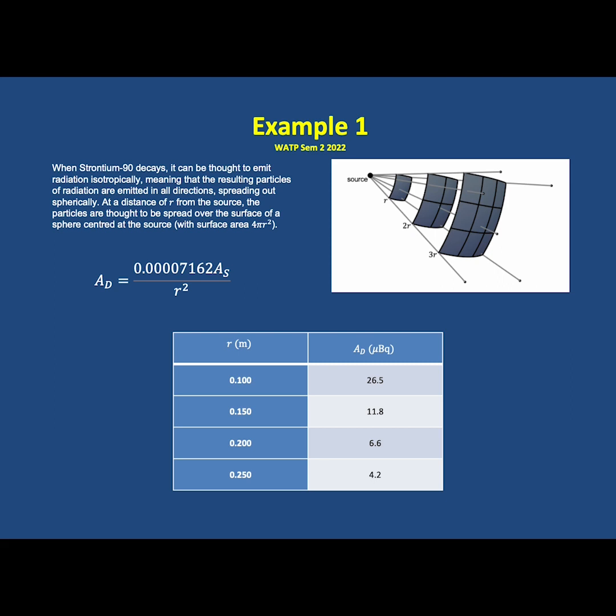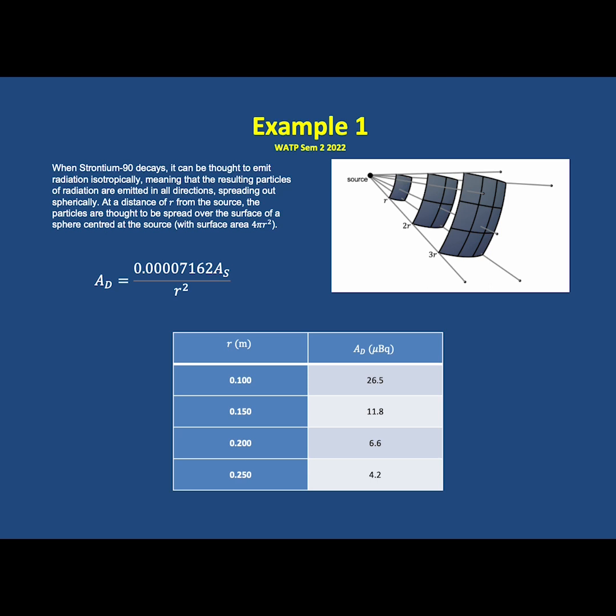AD is the activity measured, the radioactivity measured by the Geiger counter at some distance R from the radioactive source. AS is the actual activity of the radioactive source, and R is the distance between the radioactive source and the Geiger counter.